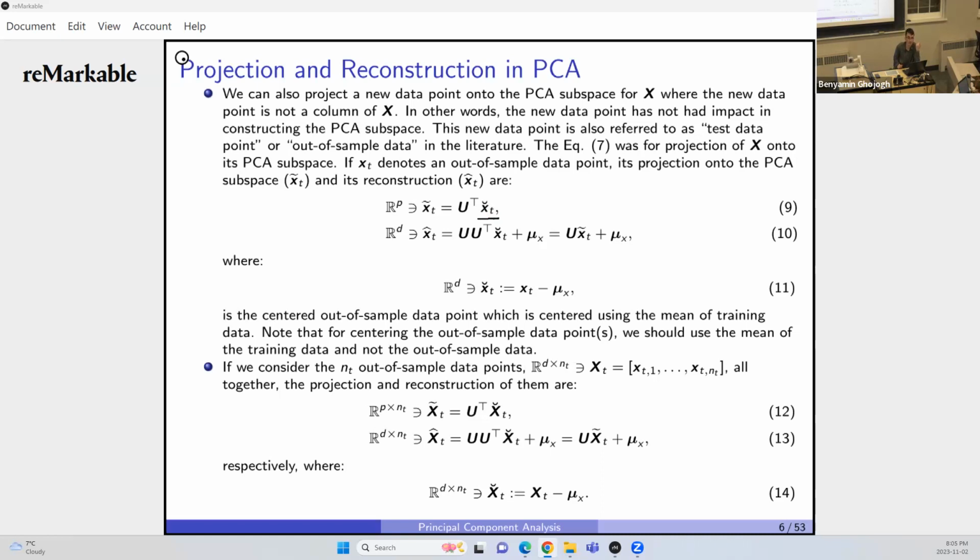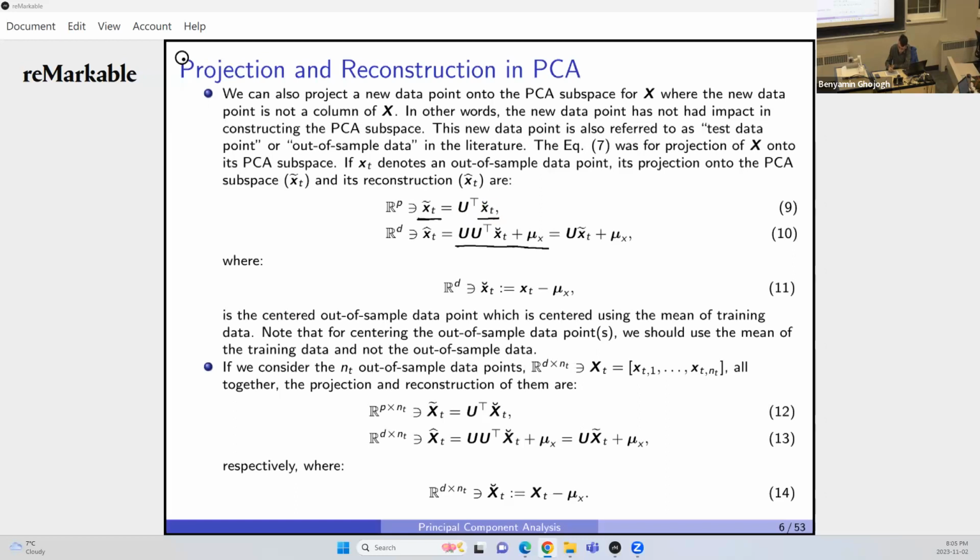Assume I have a test data set, a bunch of test data points. Should I use the mean of this test data set? No, because I found U using training data. So xt breve means xt minus the mean of training data. And so U transpose xt breve gives us the projection.